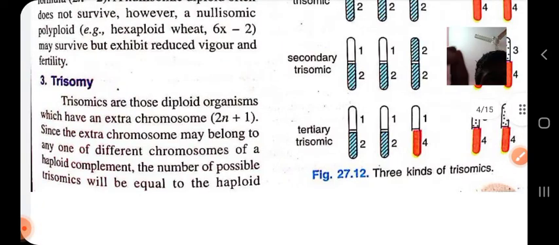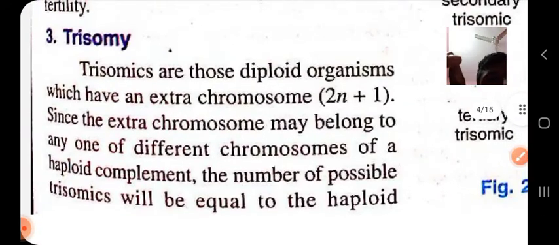Next is trisomy, or trisomics. Trisomics are diploid organisms which have an extra chromosome. It falls under the category of hyperploidy, where an extra chromosome is present. If one extra chromosome is present, it is called trisomy, and an organism with this extra chromosome is called trisomic.